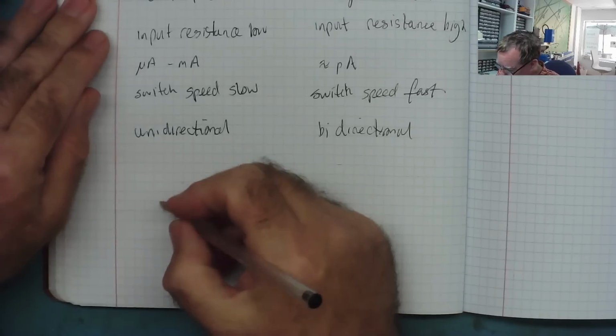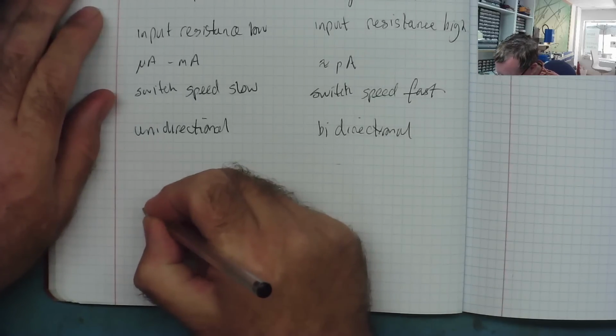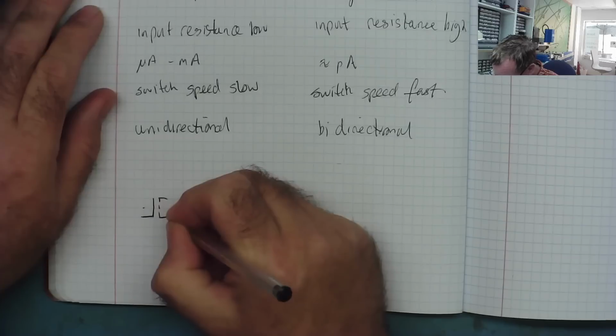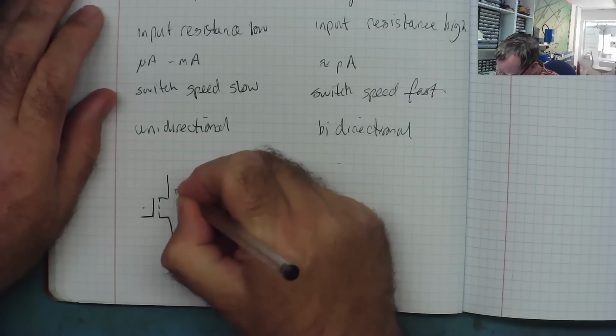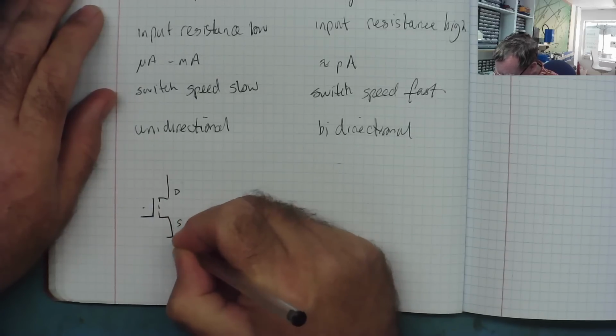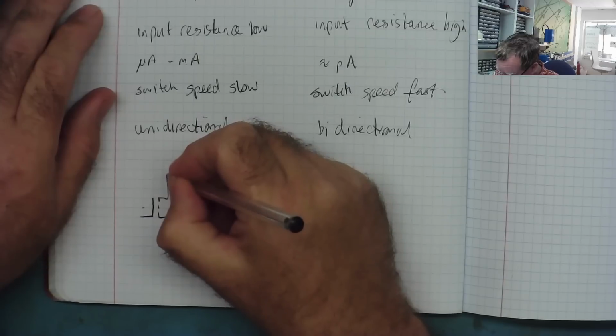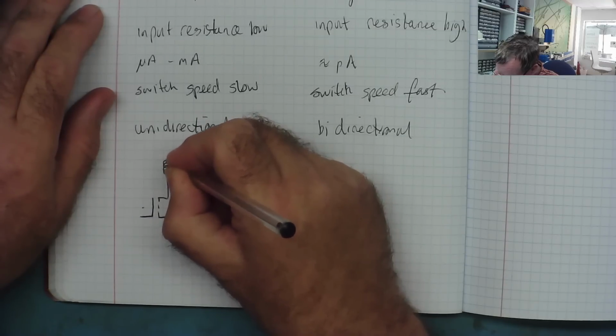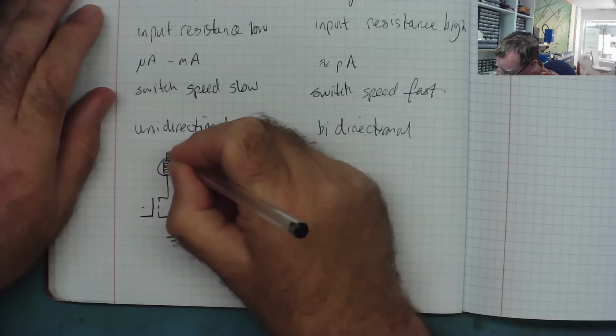A typical circuit, so this is with an N-channel MOSFET. We have the gate, drain, source. We can connect this to ground, and we'll connect this to a load. Well, let's put a light bulb here. Little light bulb.